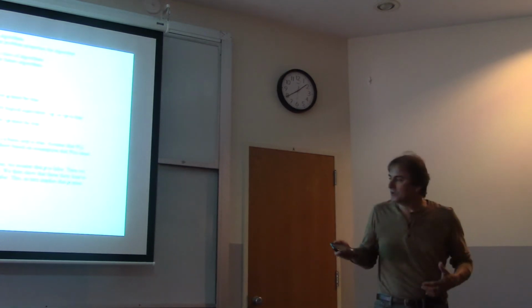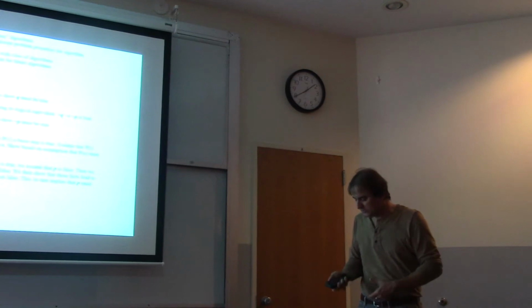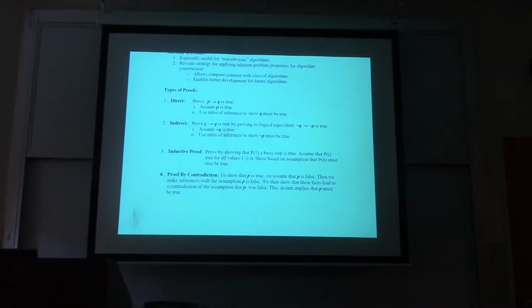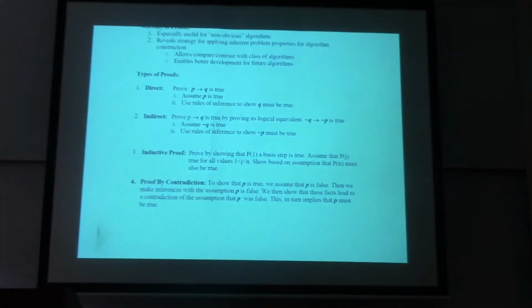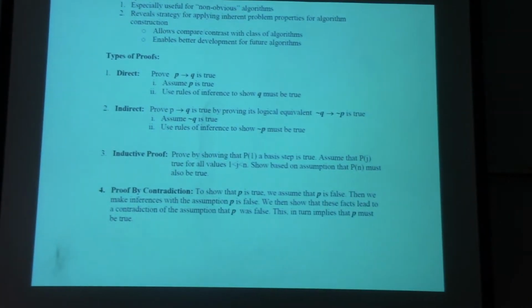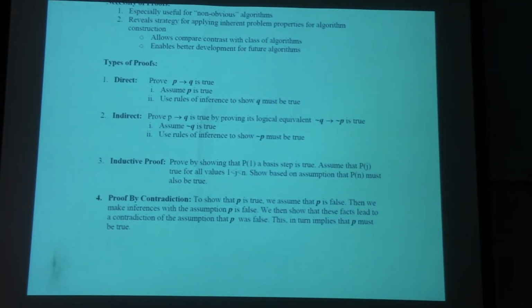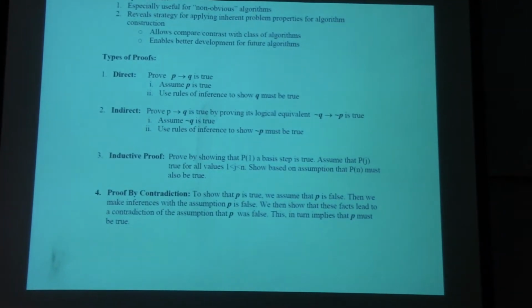P is a statement, but guess what? Q also is a statement. Q is another statement, a different statement which may be true or false. So P can be true or false. Independently, Q can be true or false. They have truth values. P implies Q is called an implication, and that implication can be true or false.